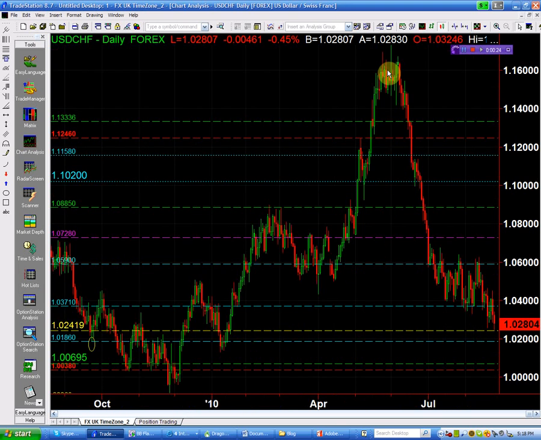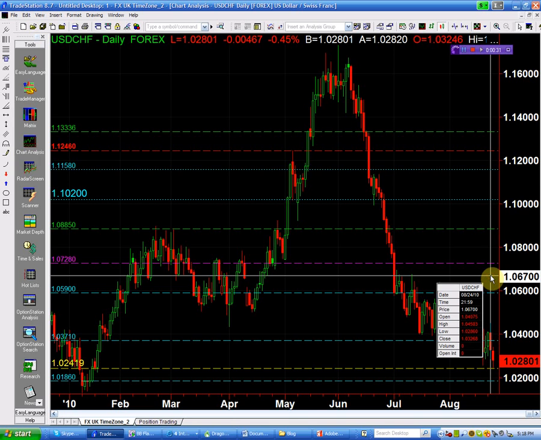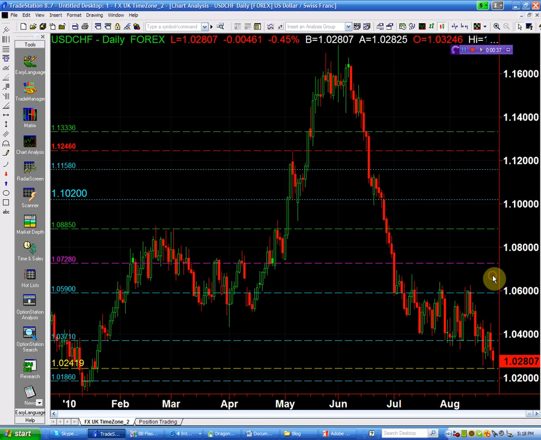As you can see from the chart, the dollar Swiss traded yesterday to a low of 102.86, and today it has put in a low of 102.50 and is continuing this decline.